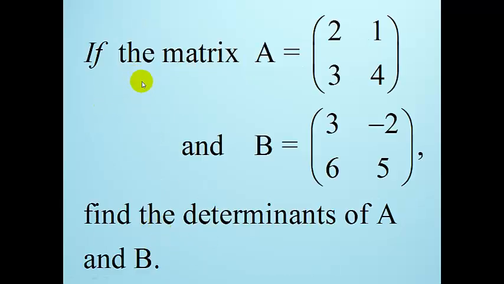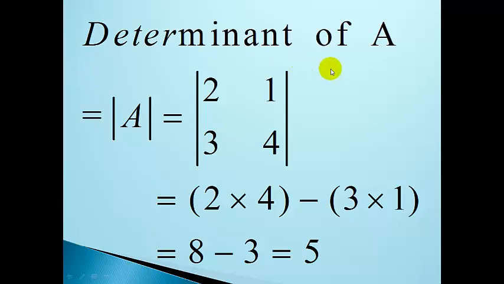Now let's look at this example. If the matrix A equals 2, 1, 3, 4 and B equals 3, minus 2, 6, 5, find the determinant of A and B. Determinant of A is equal to, that is the representation of determinant, don't forget.